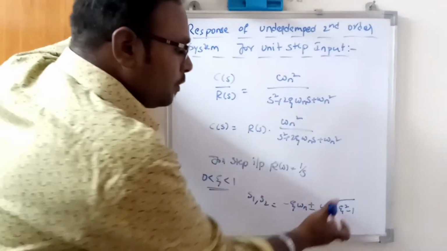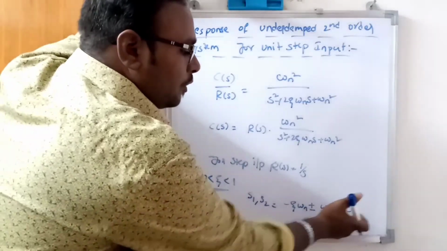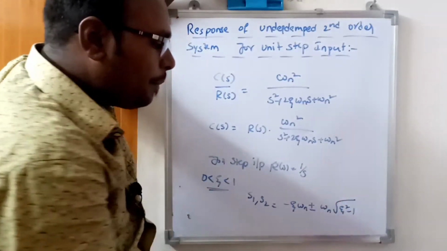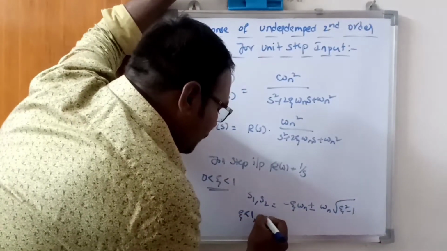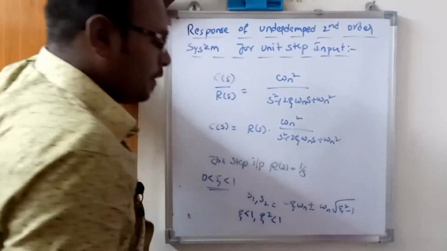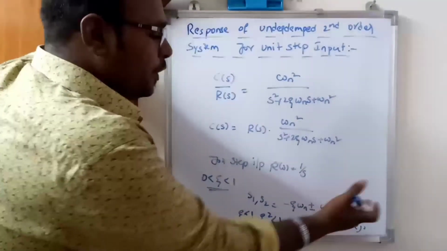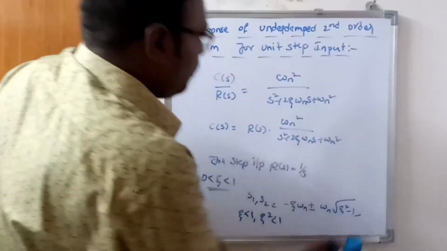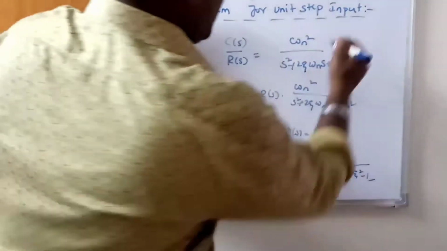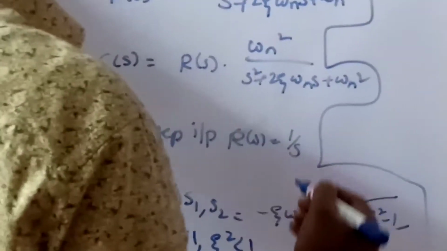So the value inside the square root becomes negative. To make it positive, we are going to make some modifications.